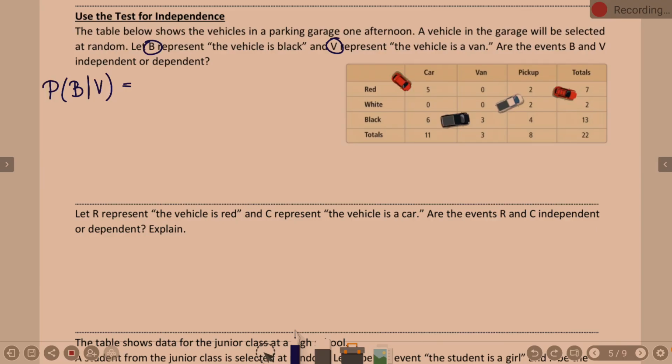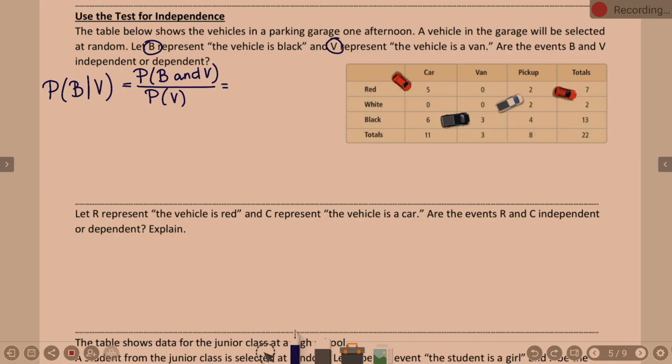When we do this conditional probability, on top is the probability of both of them. So it's the probability of B and V on top, over, which one goes on bottom? The condition, same thing we did on the front page. The condition is the second one, so we're going to put V on bottom. Let's go ahead and do this math while we're here.